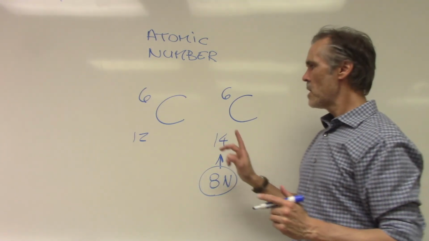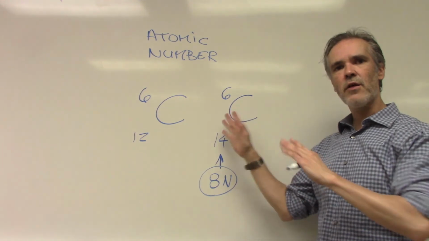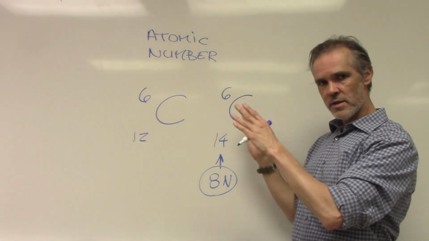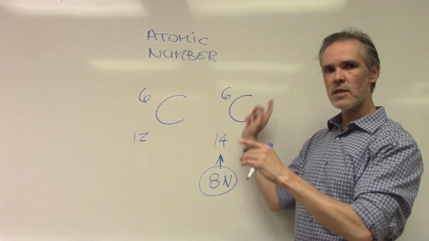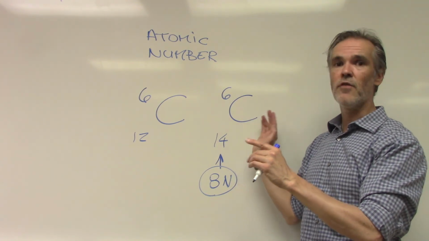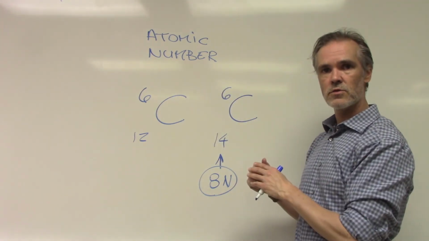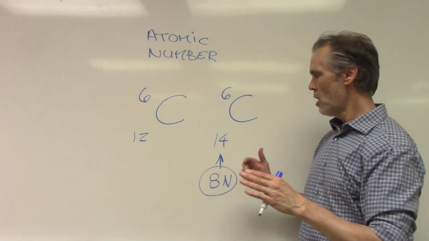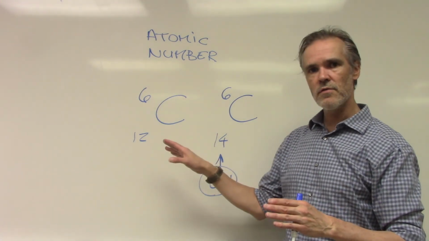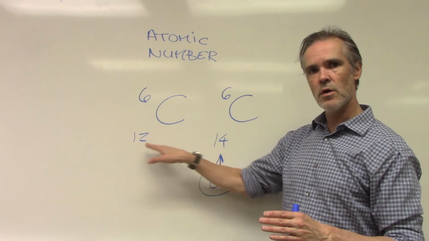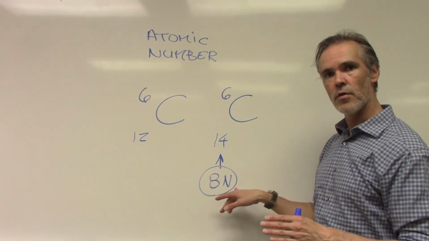Okay? So, you see what we have here is a variant of carbon. We know it's carbon. It has 6 protons. Of course, if it's neutral as an atom, it also has 6 electrons. So that's fine, we know that. But in one version of it, it has 6 neutrons, and the other one it has 8 neutrons.